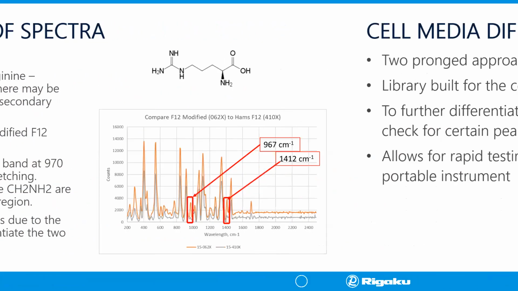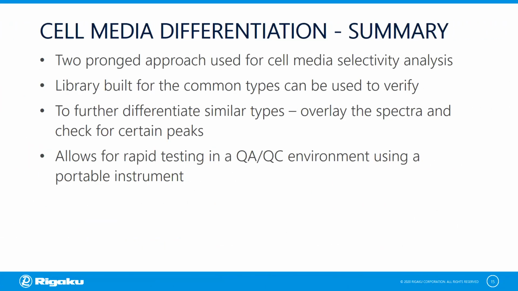So we're basically looking at an SOP that involves a two-pronged approach for cell media selectivity. We built the library for the common types. We verify them quickly, in under a minute. And then we can overlay the spectra if the F12 materials show up and check for certain peaks to further narrow down which material it is.